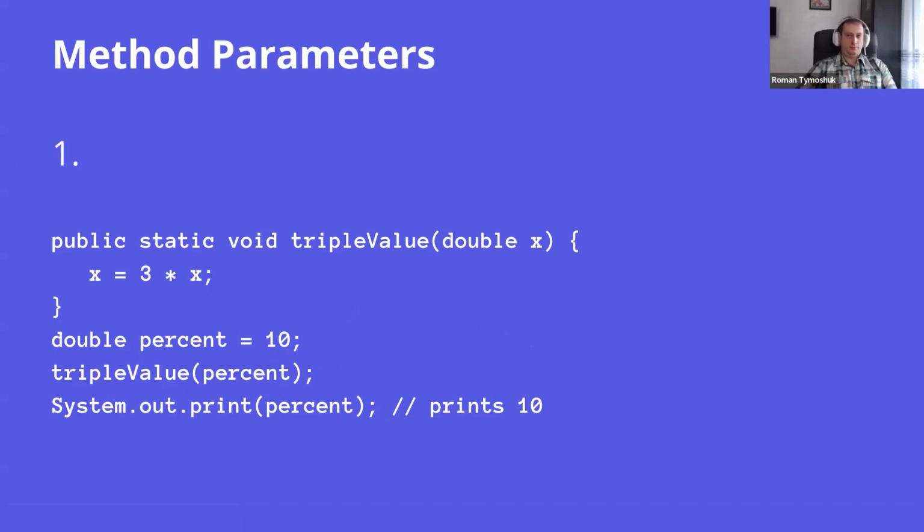Metro, please explain. I think it's because in our function we have a copy. So we copy, without pointers, we just copy percent to our function triple value. And that's all. That's right. Thank you. Yaroslav, please, do we have pointers in Java?